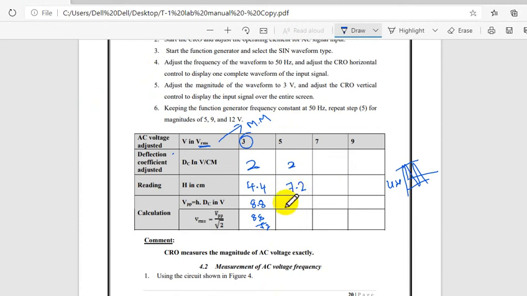Multiply this, it will be 14.4. Just take 14.4 by root 2. So you will get the answer.